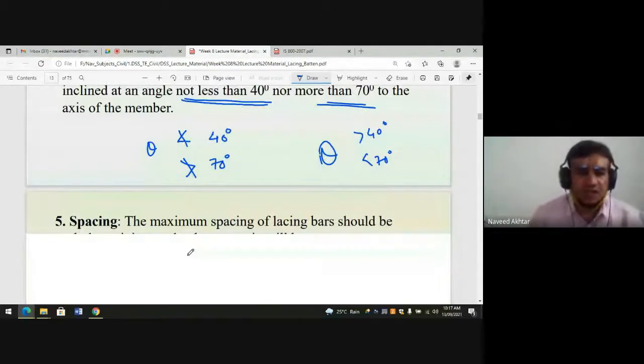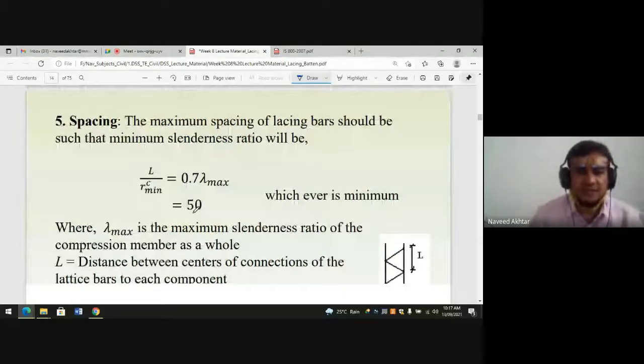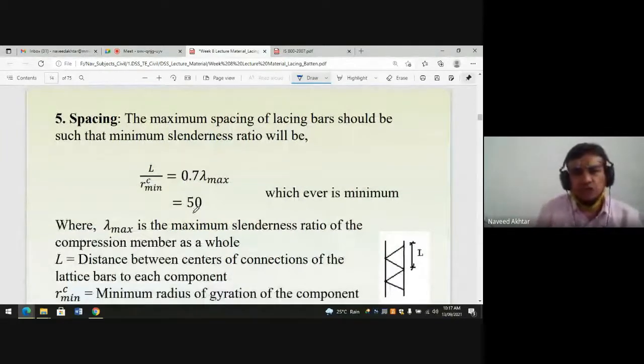Okay. Now spacing. The maximum spacing of lacing bar should be such that the minimum slenderness ratio shall be L by R minimum for the lacing bar, 0.7 times lambda max.